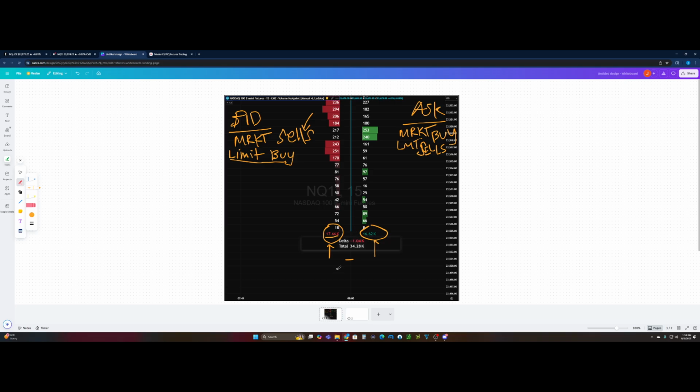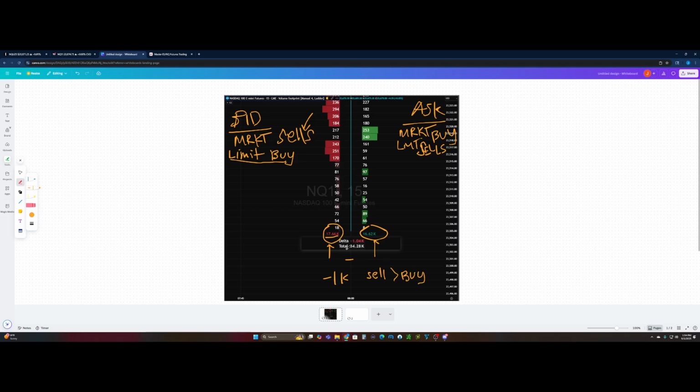This tells me that there were more sellers than there were buyers, because it's negative 1K. If this was a positive number, and I'll show you in the charts a little later, you'll see the opposite, that means the buyers are outweighing the sellers in this candle.